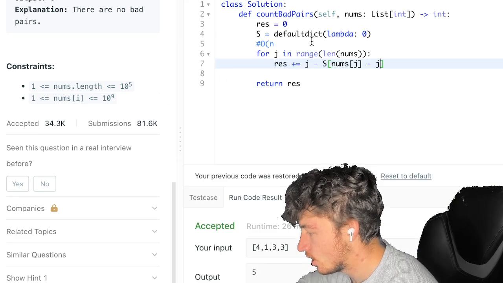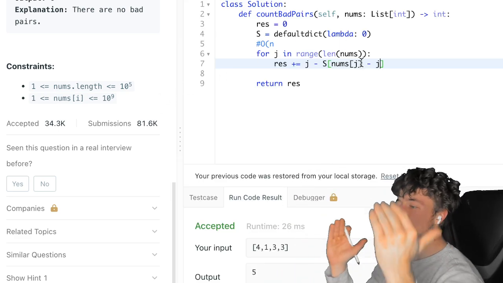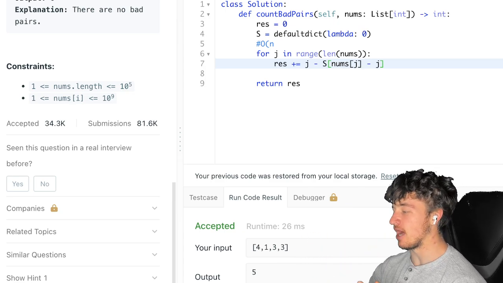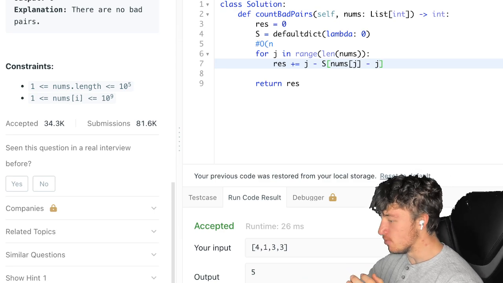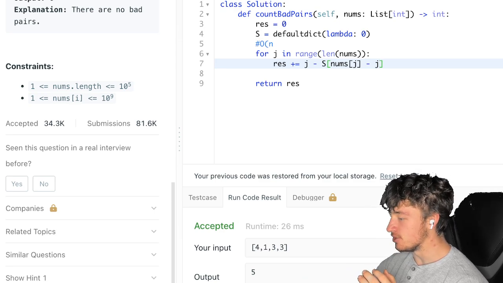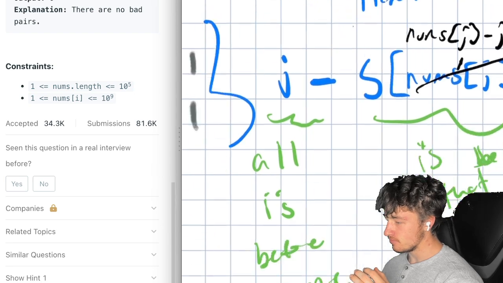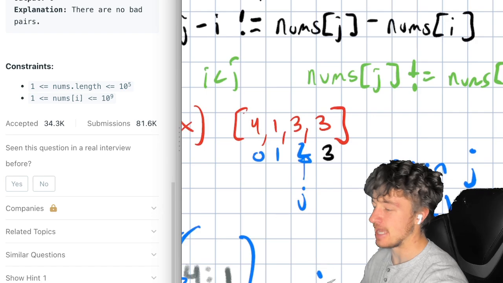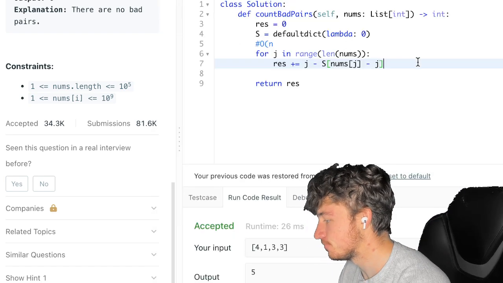Because basically what I'm doing is I want to make it the condition where it's not equal to things before, but since we have that index thing, it gets a little bit more complicated. So we'll literally just move the condition by doing this math to move things around, and it just adds that extra term.